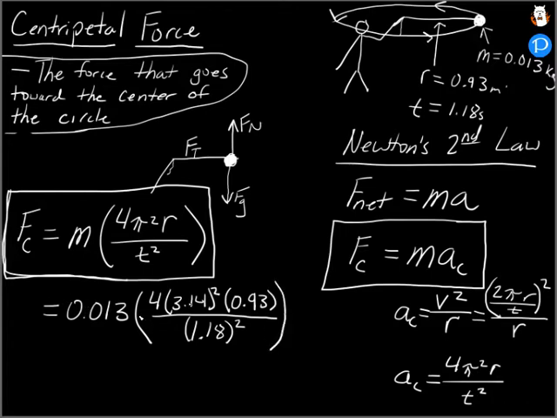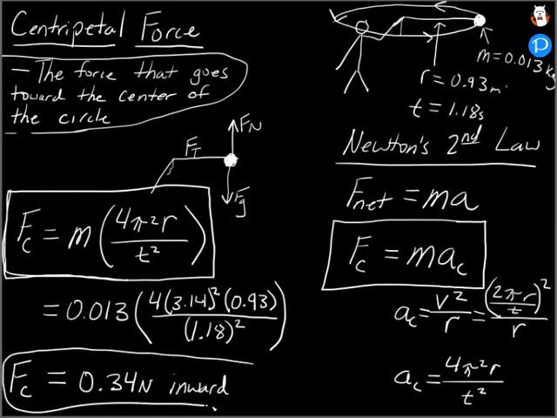There's my big ugly equation. Crunch the numbers, and we should get for centripetal force 0.34 newtons. And it would be inward in direction. This centripetal force is inwards towards the center of the circle, and that would be the final answer for that one.